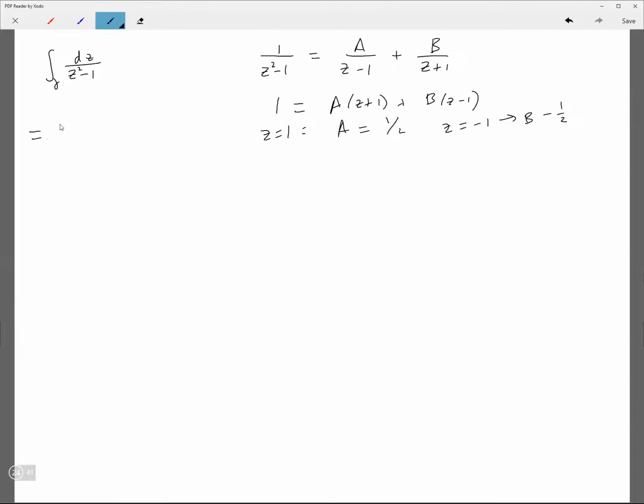Okay, so really this integral becomes the integral of A over z minus 1 plus the integral of B, which is, let me change that to a minus, so minus 1/2 over z plus 1. Wait, what did I put a 2 there for? Okay, z minus 1, z plus 1.